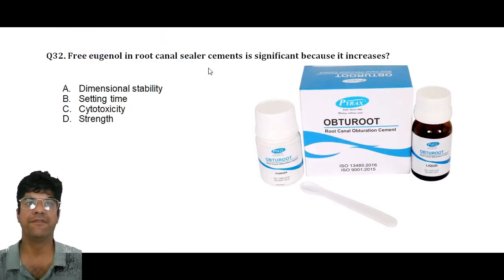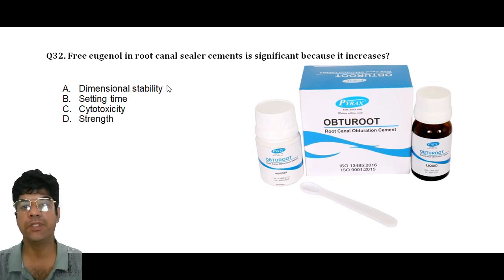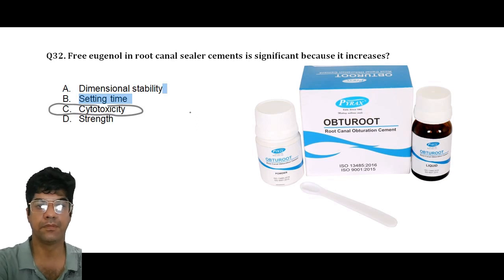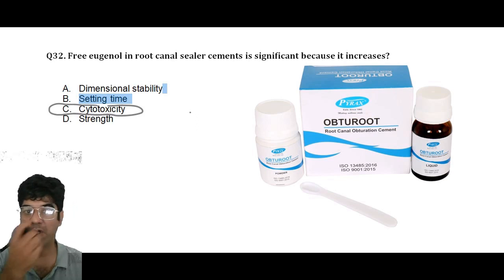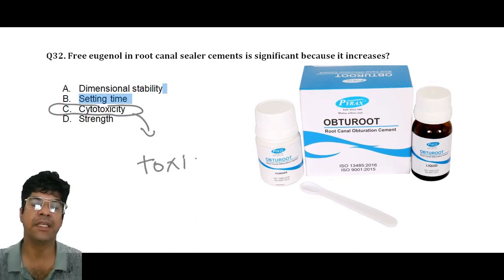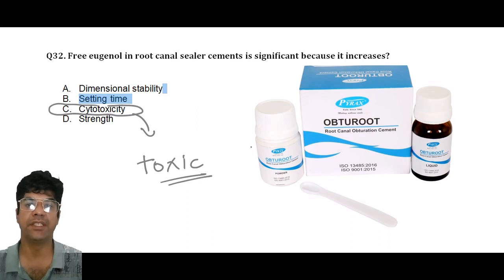Moving to the next question, the free eugenol in the root canal sealer is significant because it increases? Well, the free eugenol present in the root canal sealer is not biocompatible and it increases, remember, the cytotoxicity. Eugenol is a component found in root canal sealers, and when it is released or becomes free in the sealer, it can have a cytotoxic effect, that is, it is toxic to living cells.